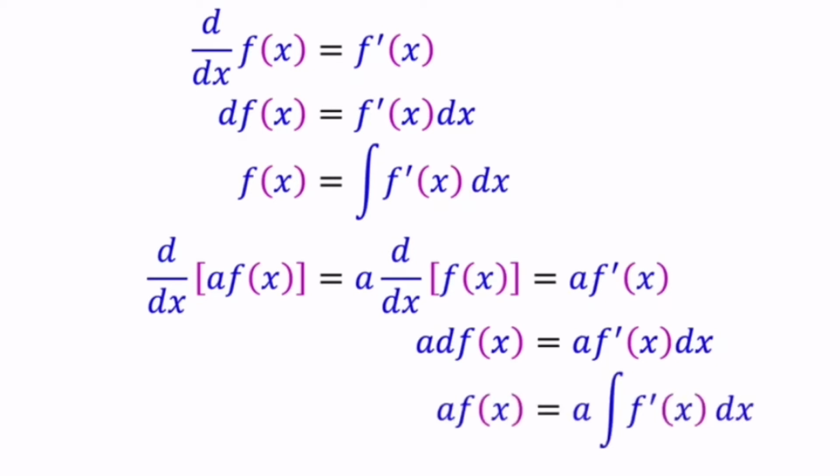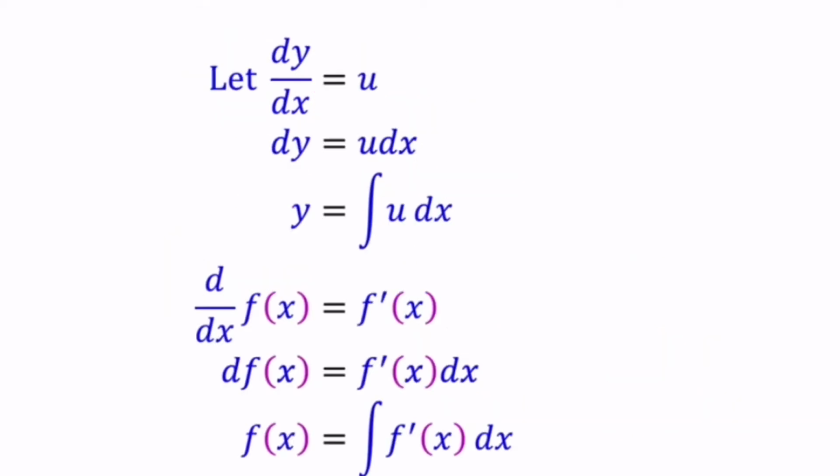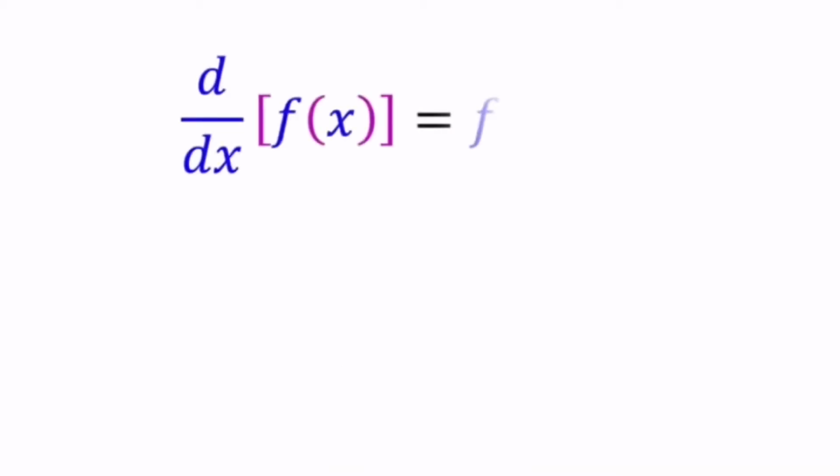So when we integrate a times f'(x), we can factorize the a and then integrate the function dx. That means when there is a constant, you can always factorize it and you don't have to integrate it together.